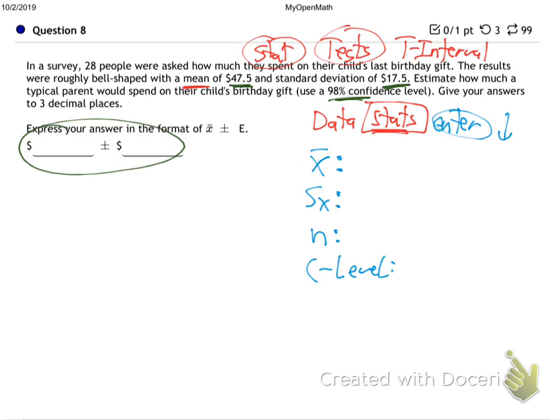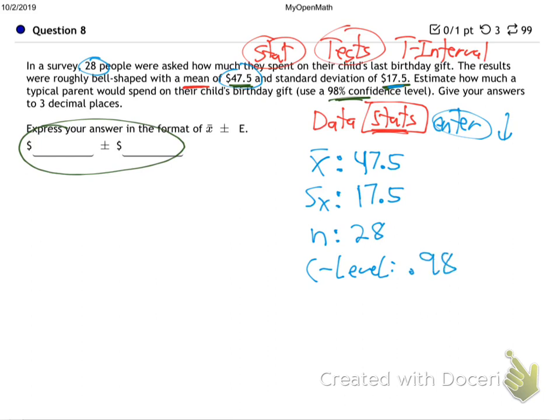And the X bar is the mean, the average, 47.5. And the standard deviation is 17.5. The N is the number of people, 28, and the confidence level is 0.98.